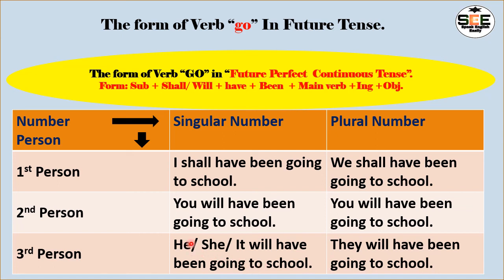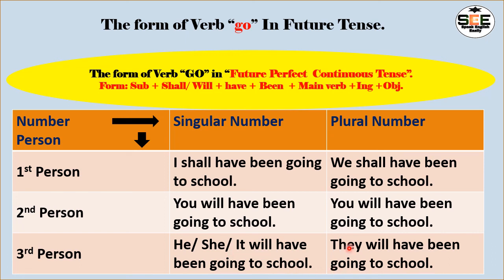Here he, she, it is the subject of singular number in third person. So will here indicates the future tense, have is the helping verb, been is the be verb past participle form, go is the main verb, and ing is the continuous form as per our rule, plus school is the object. So we can say he or she or it will have been going to school.